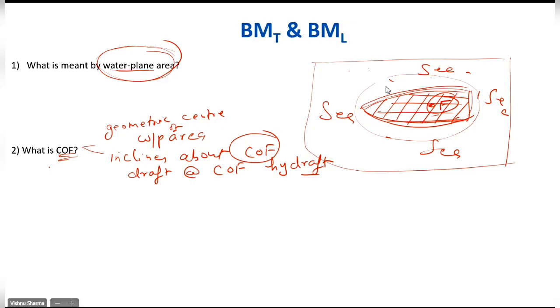No. It is the area at the surface of the sea which is occupied by the ship's structure, the ship's hull. Understood? For example, in a bucket full of water, if you immerse your glass half, your glass is cylindrical. If you put your glass into the water, half of it, then what will be the shape of the water plane?